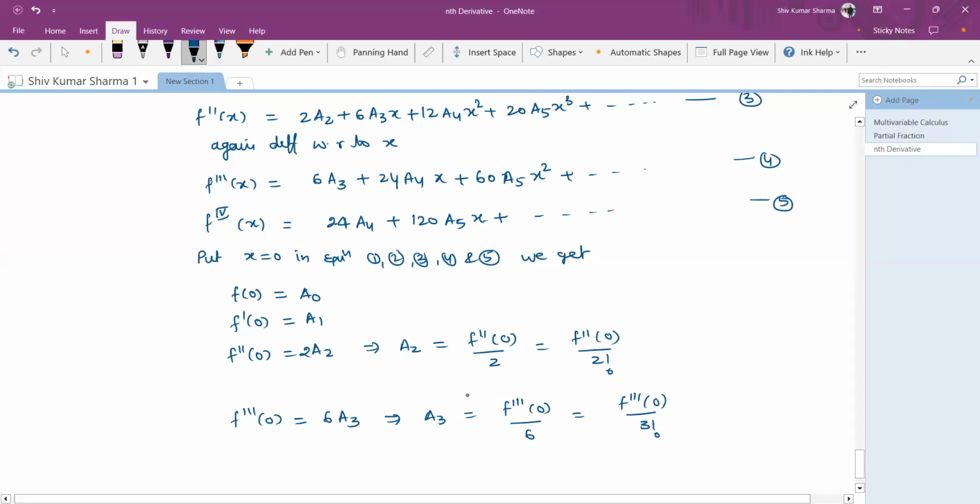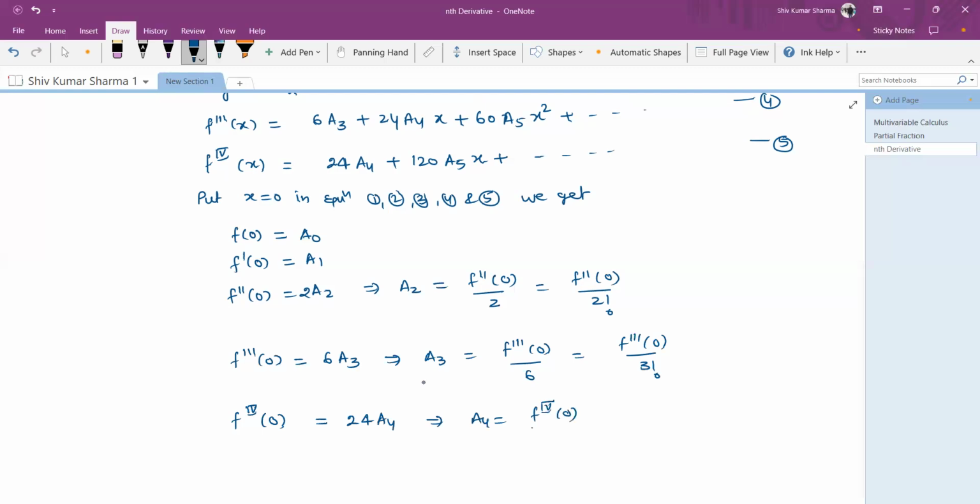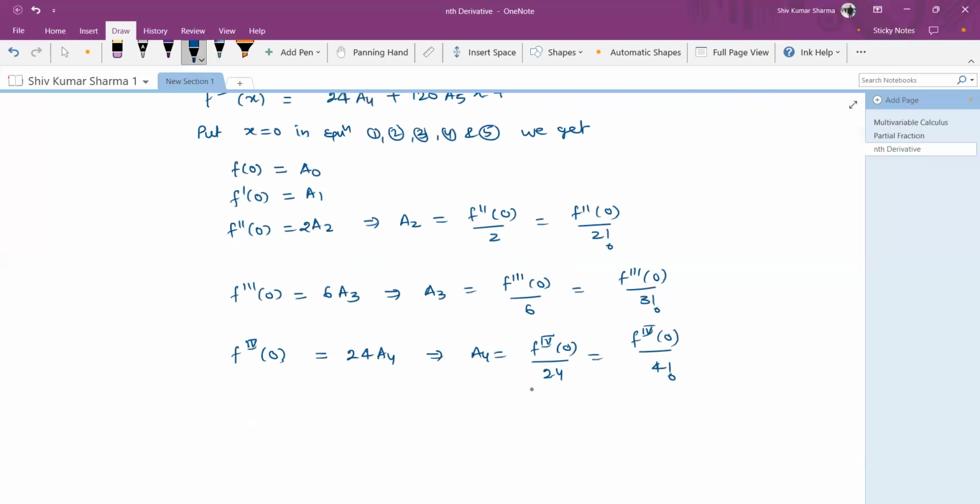Now in equation number 5, when we put x equal to 0, the fourth derivative gives us 24a4, and the next terms will be 0 since each contains x. So a4 is f4(0) upon 24, and 24 is factorial 4. Similarly, we can calculate the fifth derivative, sixth derivative and so on.